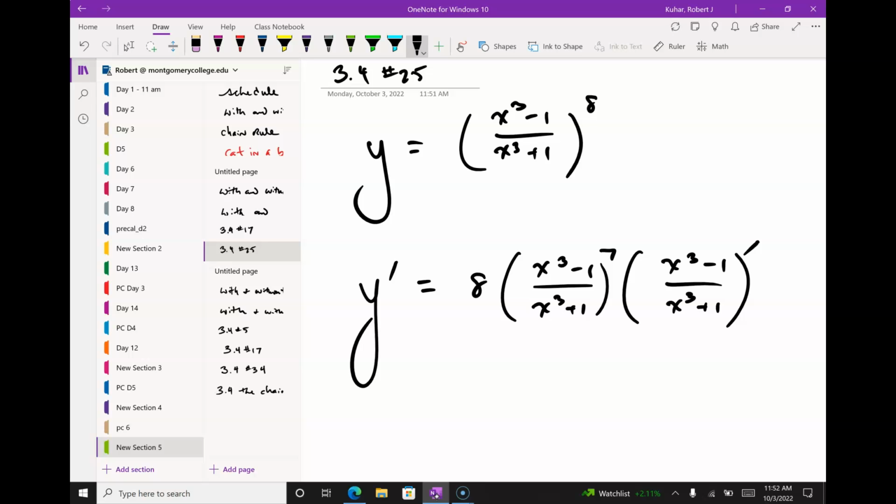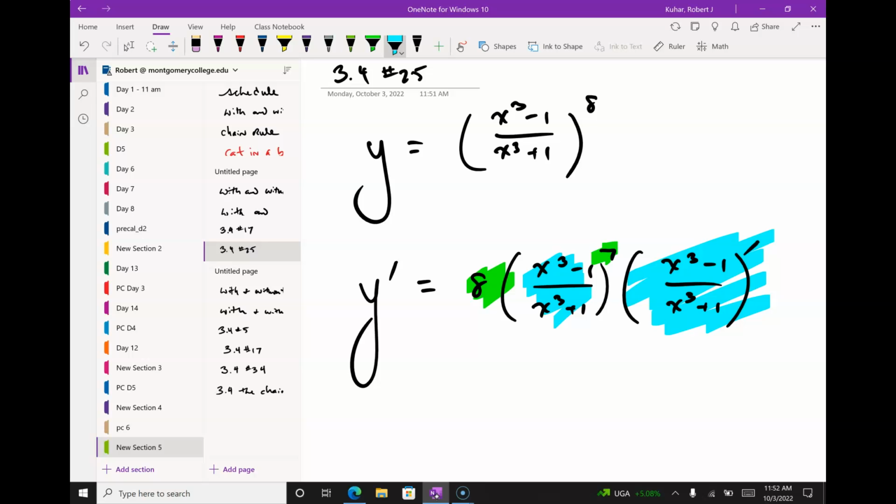So notice I took the derivative of the outside. I kept what was inside, and now I'm working on taking the derivative of the inside. I like to put that placeholder in so I don't have to do the whole quotient rule at the same time I'm just trying to work on the chain rule.